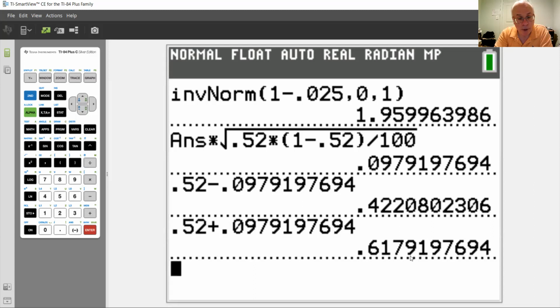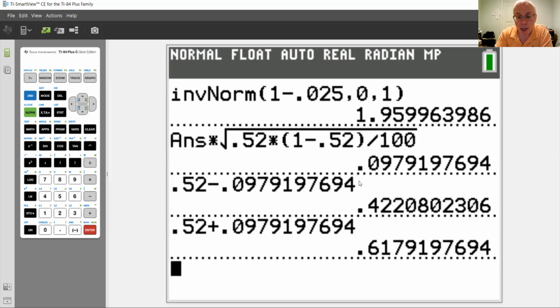Now, one thing you could do, if you have an 83 calculator, I believe, if I'm not mistaken, it's very difficult, if not impossible, to scroll up and highlight a previously typed in number and then hit enter. So once you've created your margin of error, 0.0979, you could store that in memory, in one of the letters here.